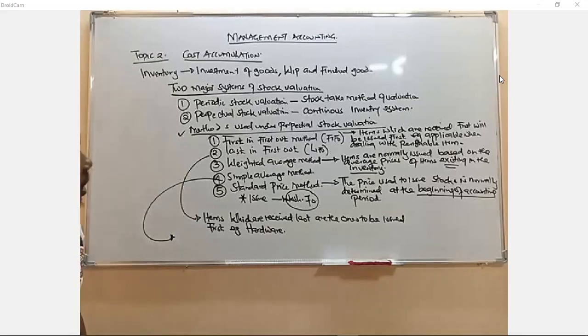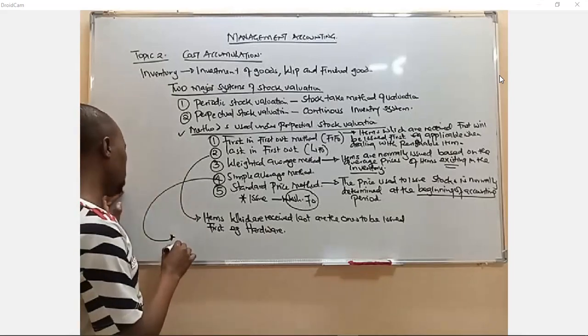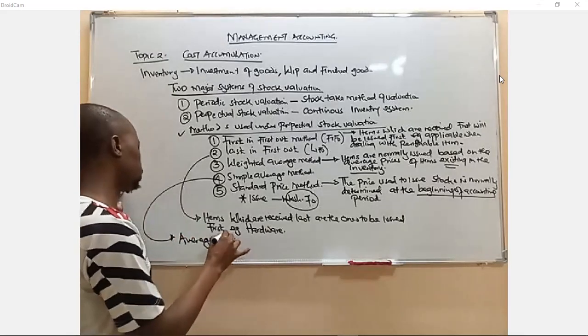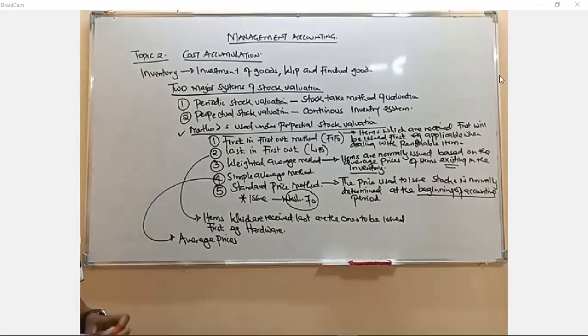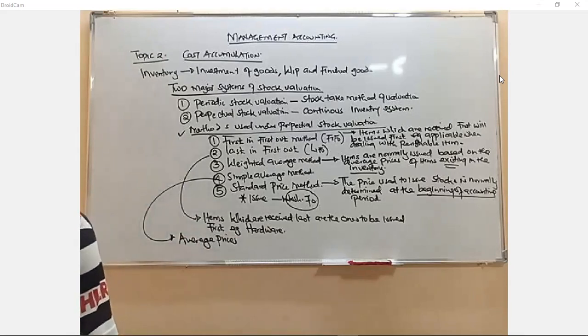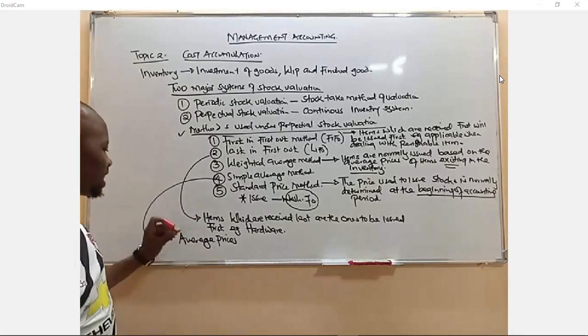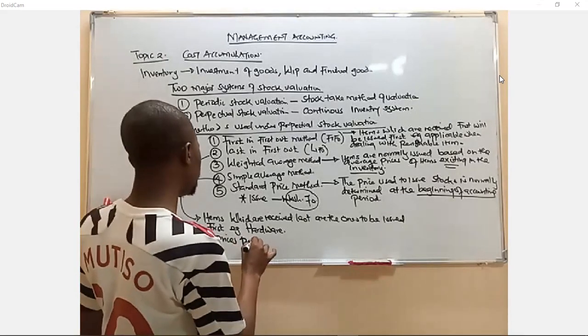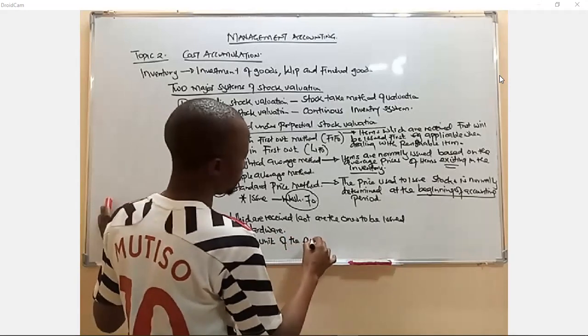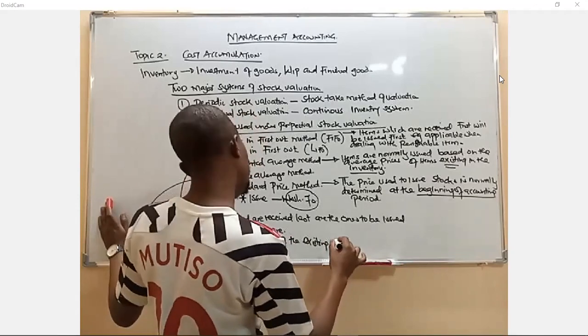So we have to be calculating the average prices, and when we calculate them, it should be the average prices of what exists in inventory. We have to calculate the average price per unit of the existing inventory.